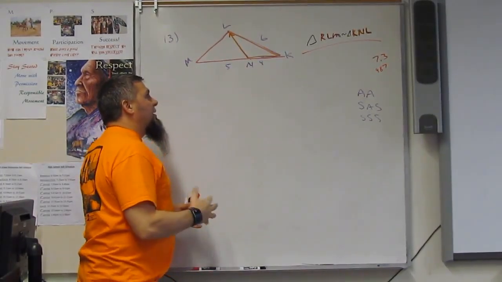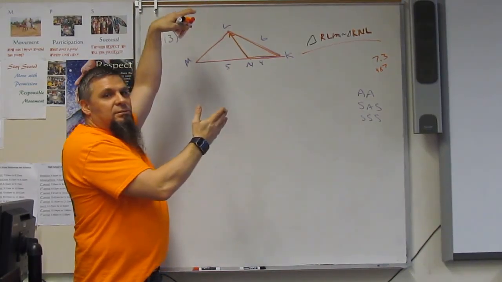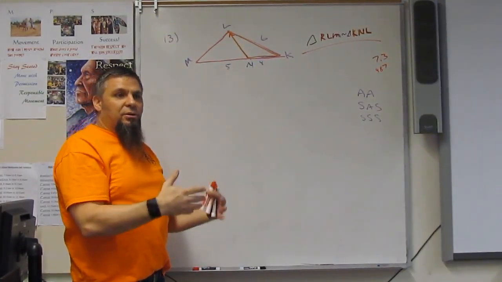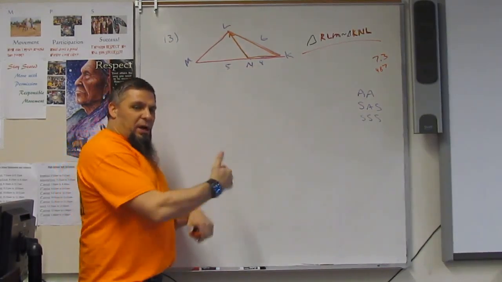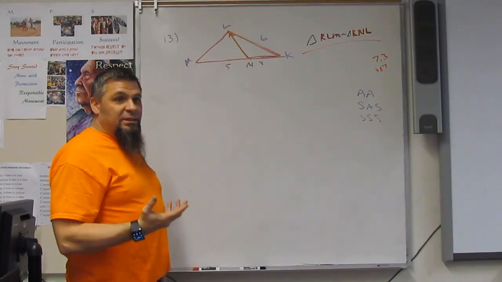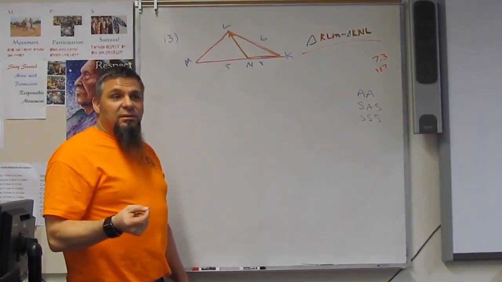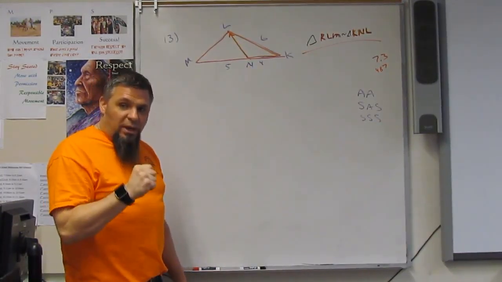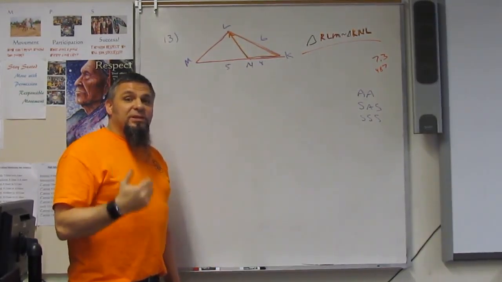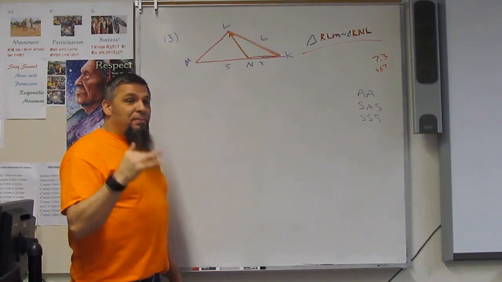So now these have two KLs, right? And they're the same, so they're congruent. But in this problem, we don't care about congruencies. In fact, we don't want congruency if it's a side. If it's an angle, we want it. But if it's a side, it's not going to help us, because we're looking for similarities. So they should not be congruent.